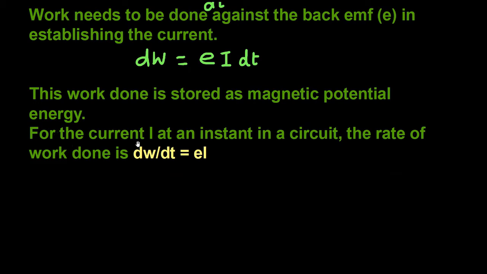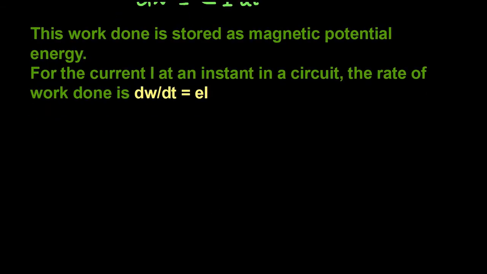For the current I at any instant in the circuit, rate of work done is dW by dt, which is equal to EI. So how much is the total work done in this case?